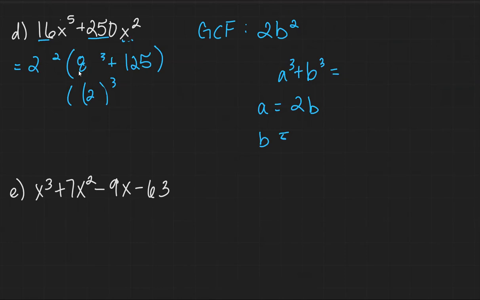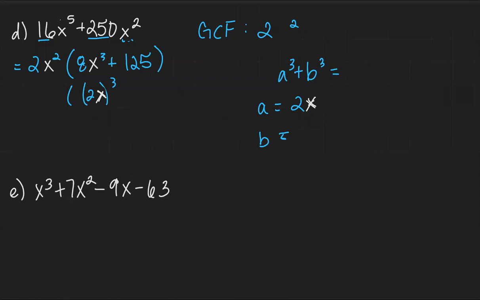And same thing here, let's make this an x. Okay, now everything is right with the world. So a is 2x. That way we don't confuse ourselves with the b. Oh, I forgot to change it in the GCF too.